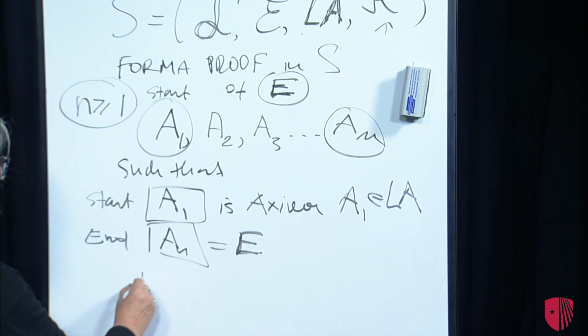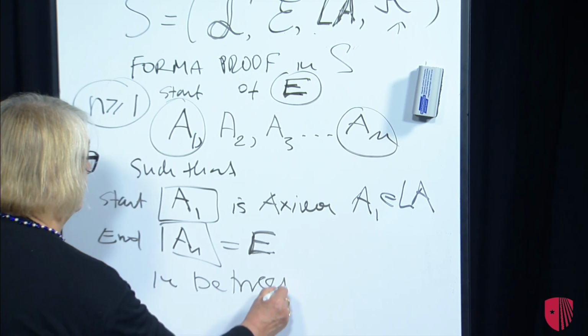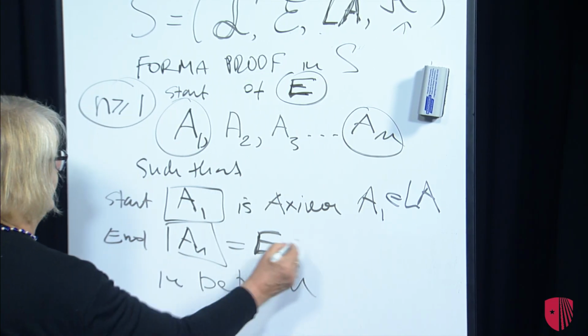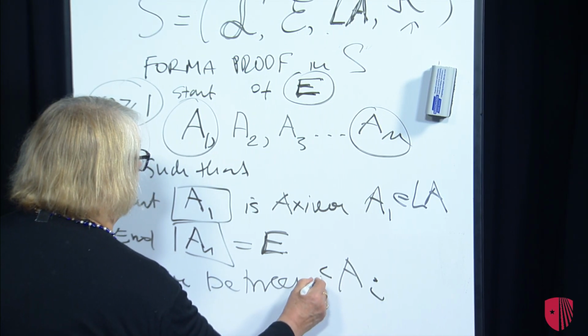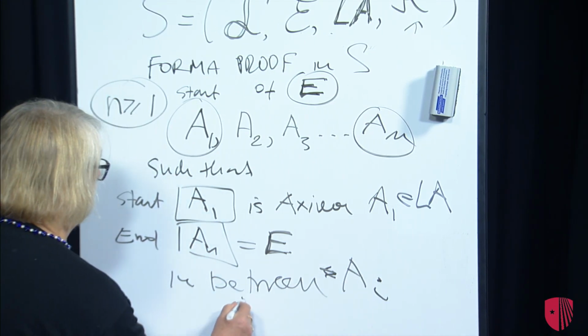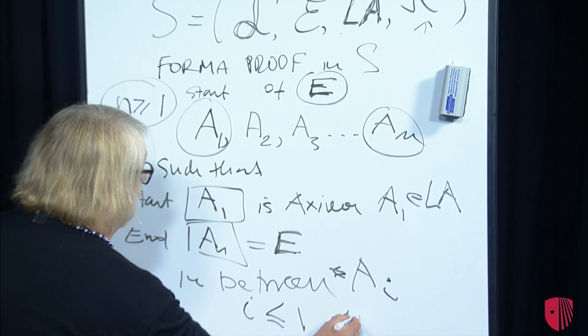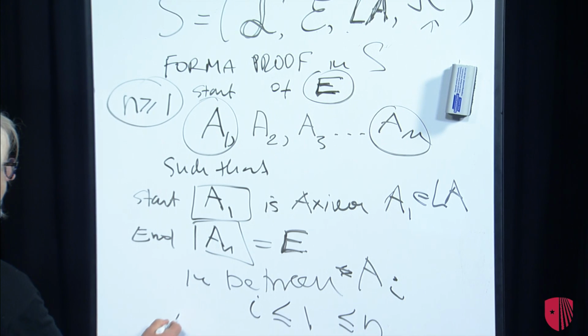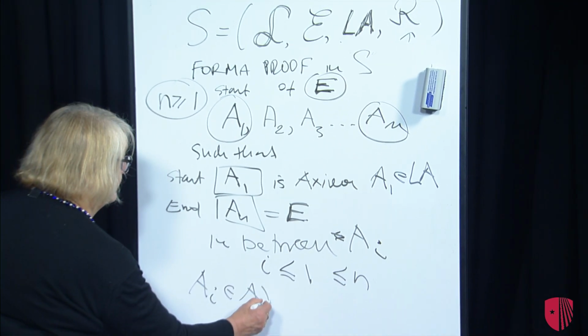And in between, for i greater or equal to 1 and less or equal to n, Ai is an axiom.